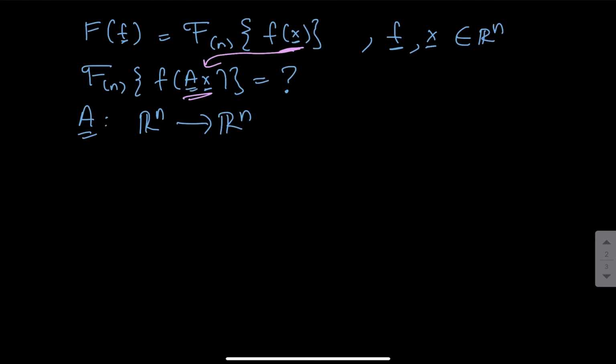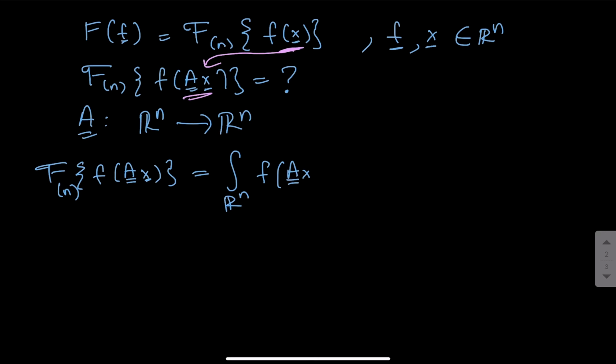Now let's start writing the Fourier transform equation for f of Ax. So this is equal to the integral over R^n of f of Ax times e to the minus 2 pi i times (f1 x1 plus f2 x2 plus dot dot dot plus fn xn) times dx.